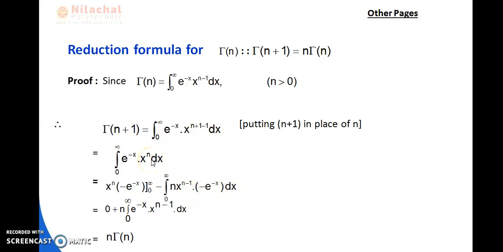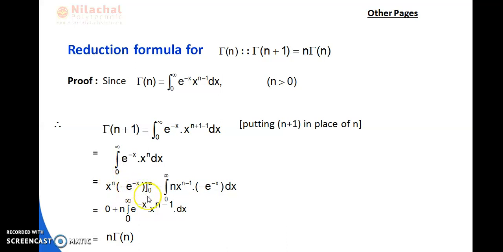Here we have to follow the ILATE rule: this is an exponential function and this is an algebraic function. So the algebraic function comes first, meaning this is your u and this is your v. So the formula is u times the integration of v, meaning x to the power n, and the integration of e to the power minus x is minus e to the power minus x.